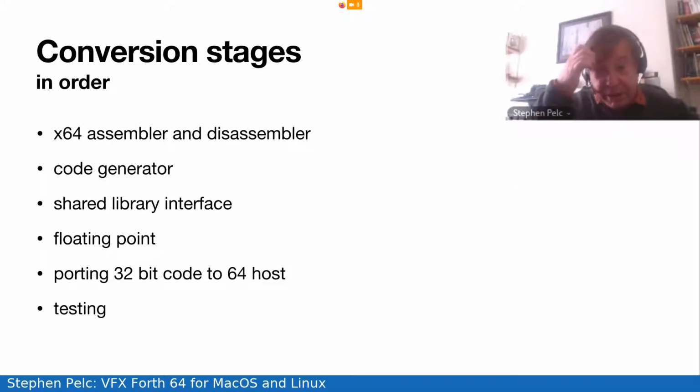So the conversion stages were really the x64 assembler and disassembler. Then we ported the VFX code generator and the shared library interface, floating point, and then we were porting most of our 32-bit code onto a 64-bit host and testing as we go.